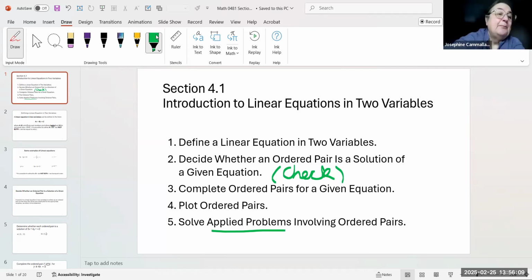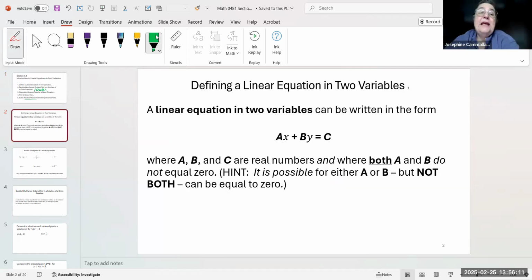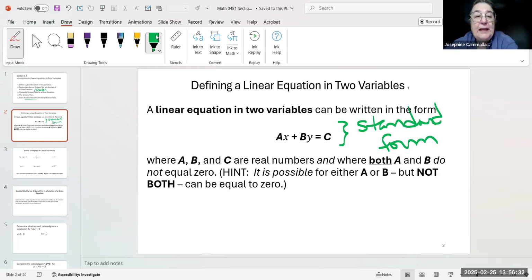So let's begin. Okay, we are going to talk about a linear equation. Now, this equation, ax plus by equals c, is known as the standard form of a linear equation.